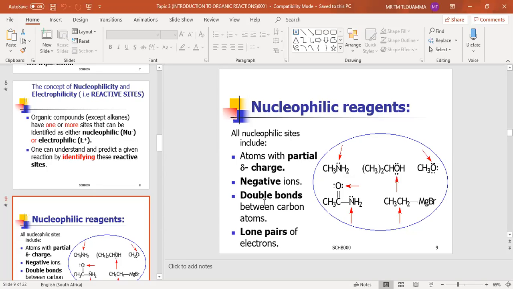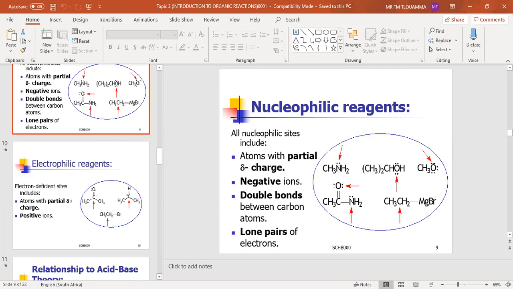All the double bonds between the carbon atoms, meaning if we have a compound that has double bonds between the carbon atoms, it will also form part of the nucleophilic agents. And whenever we also have lone pairs, you know what is a lone pair?